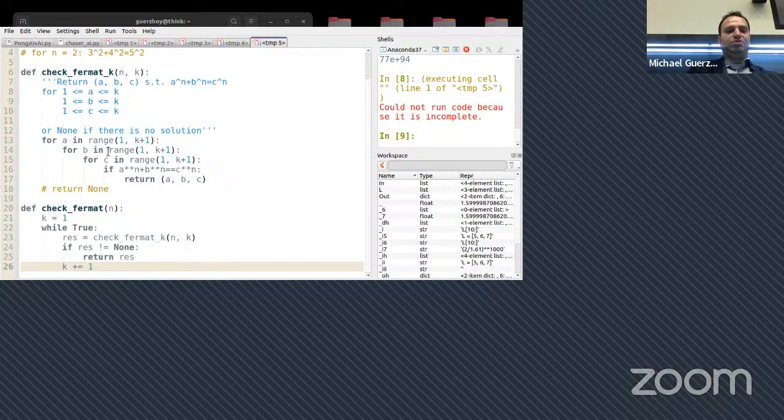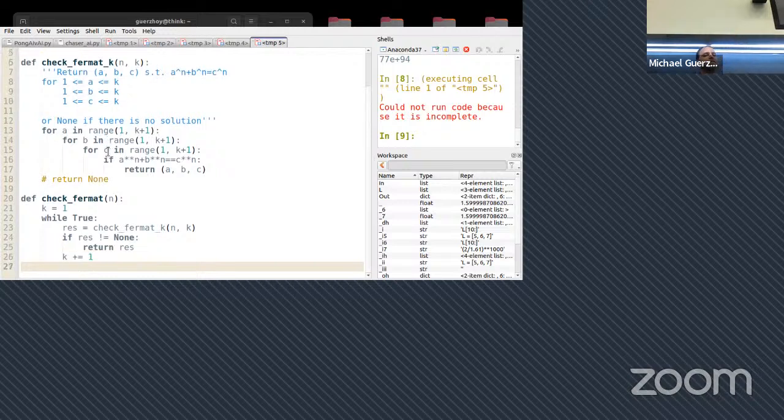Otherwise I'll just keep going. So the way I avoided the constraint we had before when listing the passwords, that I have a fixed alphabet, is I just check a, b, c in the range of 1 to k, and then I increase k, and increase k again, and again, until I find the solution.